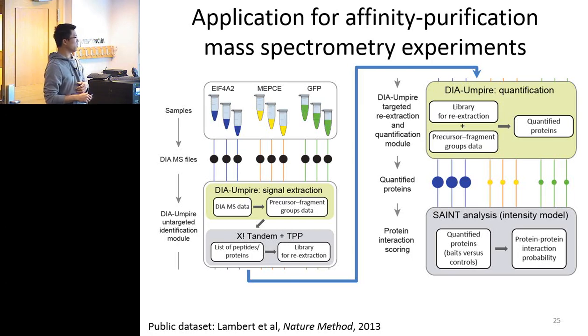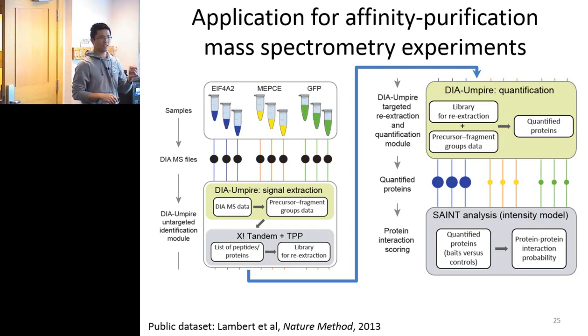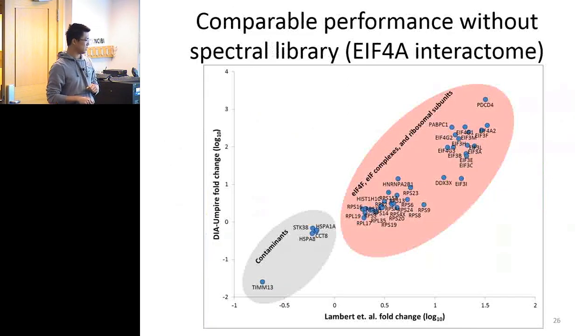So we applied DIA-Umpire for this whole pipeline. If you have different bait experiments, using different proteins as bait, you run through the whole analysis, DIA-Umpire and database search, and do the quantification, and you also do the SAINT analysis. This is the statistical analysis to estimate the probability that a protein is an interactor. We ran through this whole analysis and compared to the result published by Lambert here.